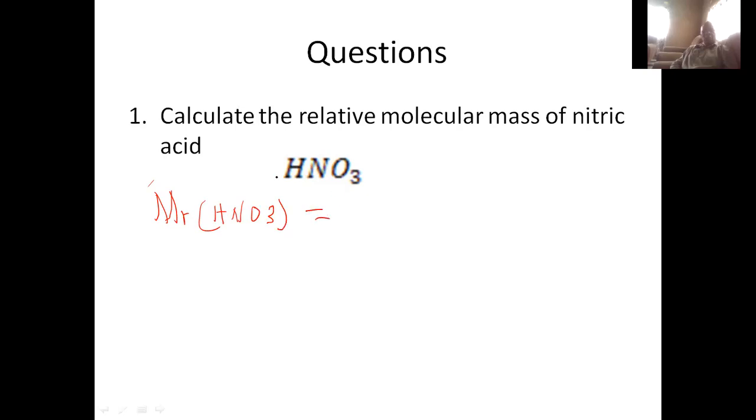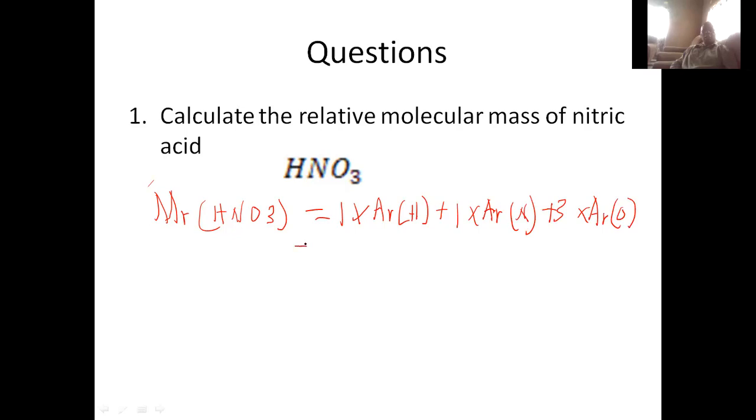It should be equal to: you look at the subscript for hydrogen here, it is 1, multiplied by the relative atomic mass of hydrogen, plus you look at the subscript for nitrogen, it is 1, multiplied by the relative atomic mass of nitrogen. Then you look at the subscript for oxygen, it is 3, multiplied by the relative atomic mass for oxygen.